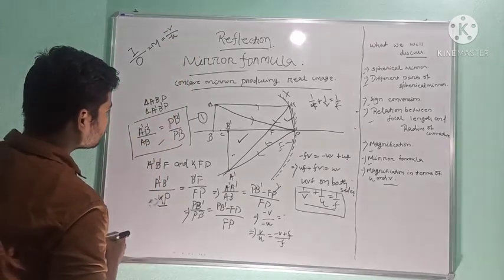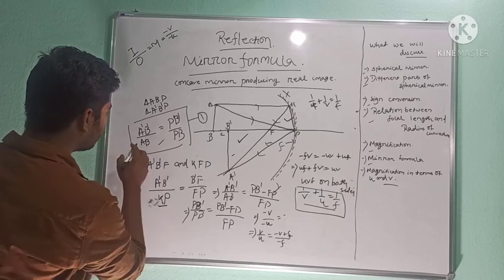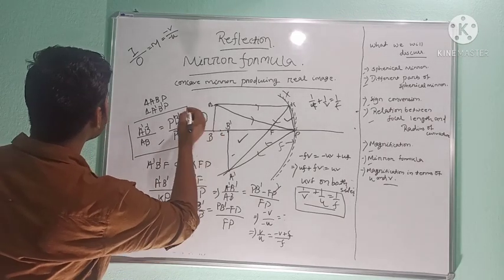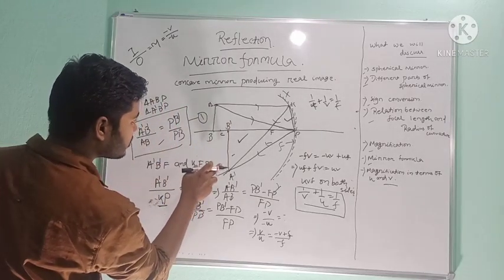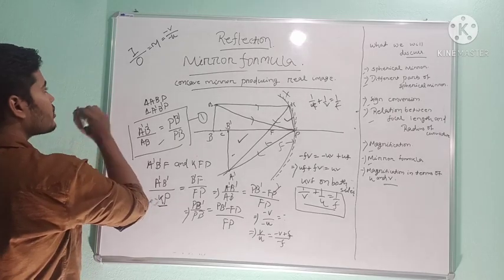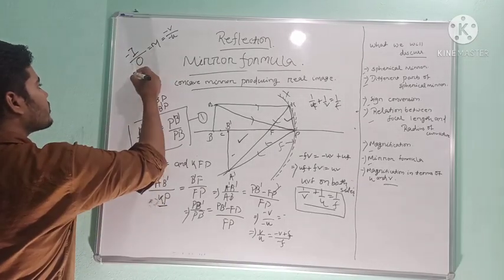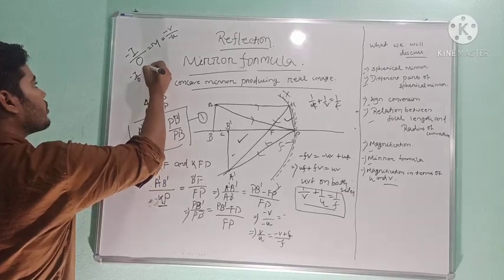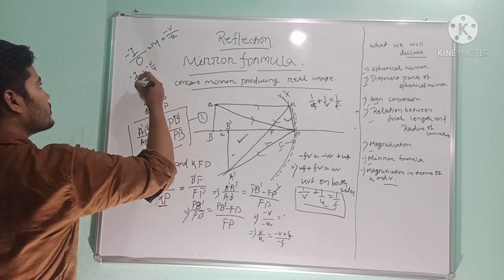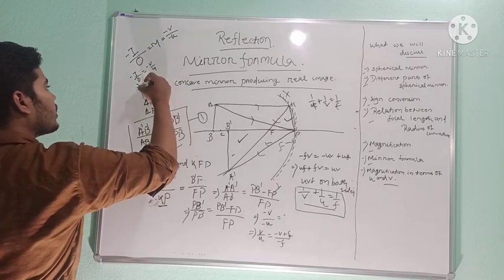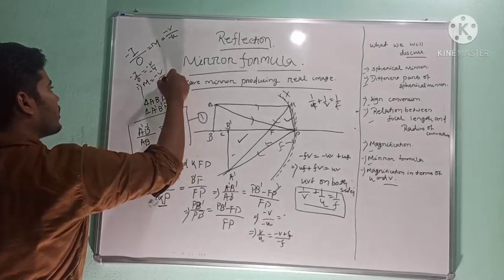And the image is in minus form. So minus I/O is equal to minus v/u, which implies that M is equal to minus v/u.